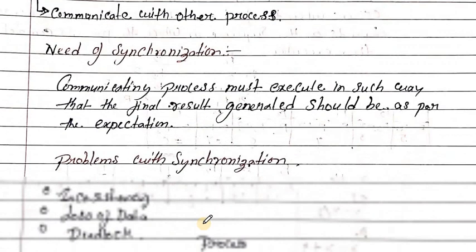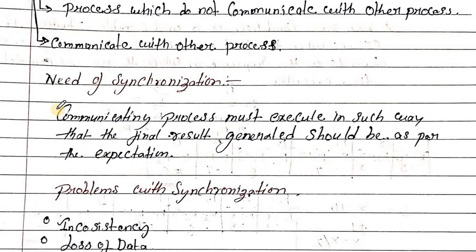So, the need for synchronization. Here we see the need for synchronization when a process is communicating with other processes. When two or more processes are communicating with each other, they must execute in such a way that the final results generated are as per expectation.